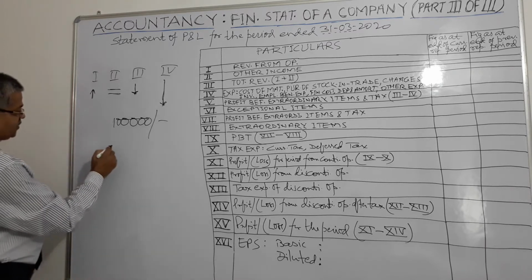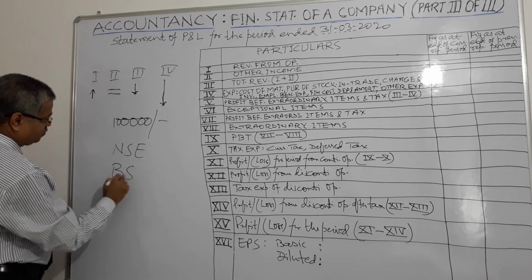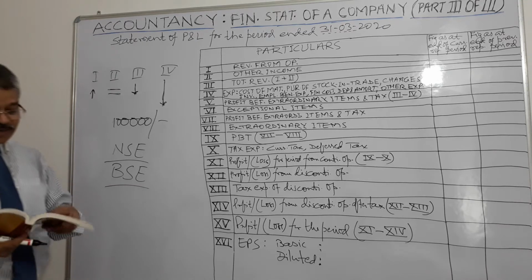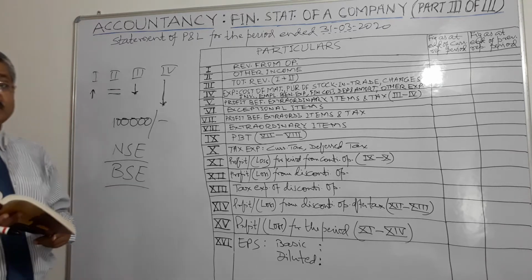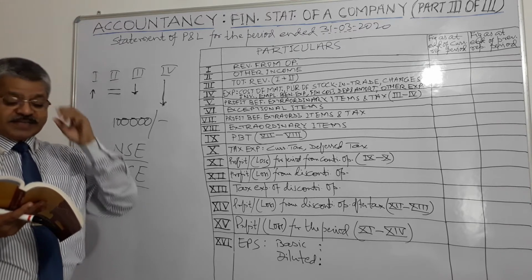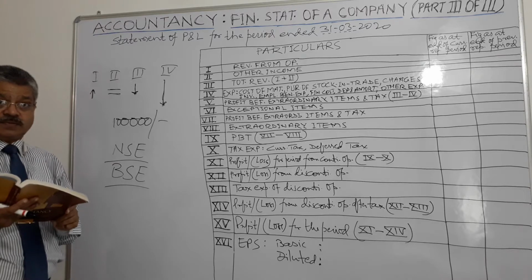What are stock exchanges? National Stock Exchange, Bombay Stock Exchange, NSE, BSE. It helps stock exchanges. Financial statements help the stock exchanges to understand the extent of transparency in reporting on financial performance.